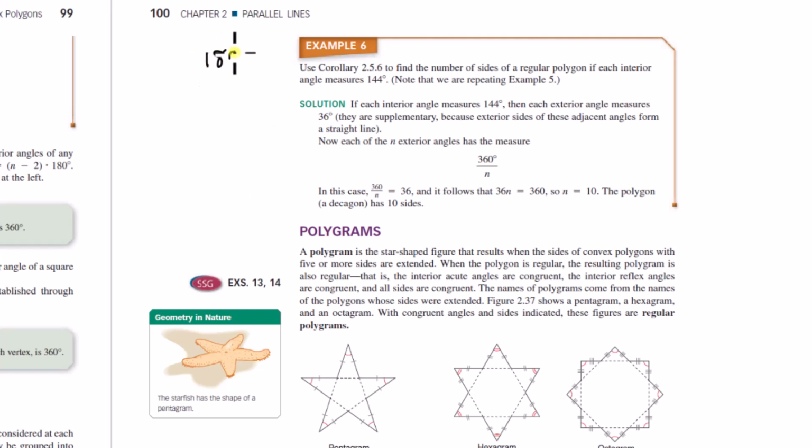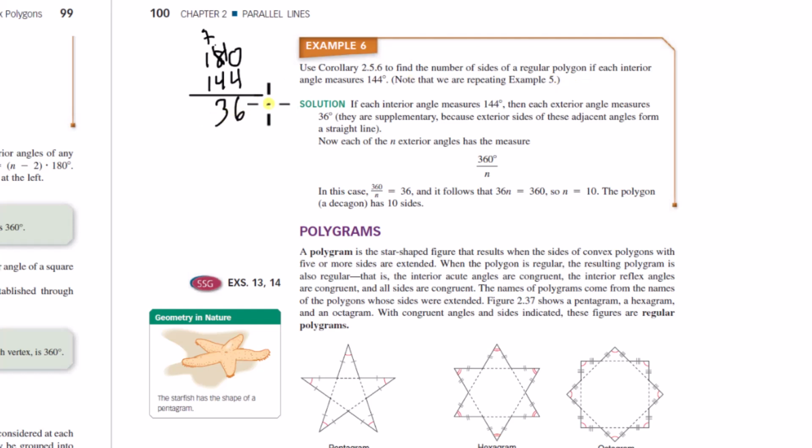So 180 minus 144. So each exterior angle measures 36 degrees, but we know it's a regular polygon.